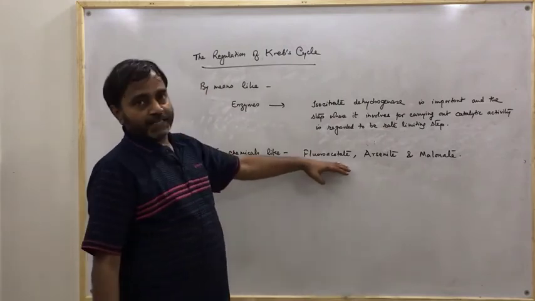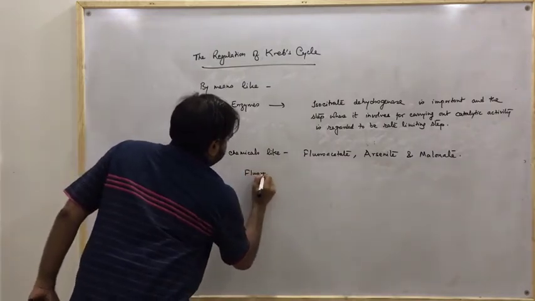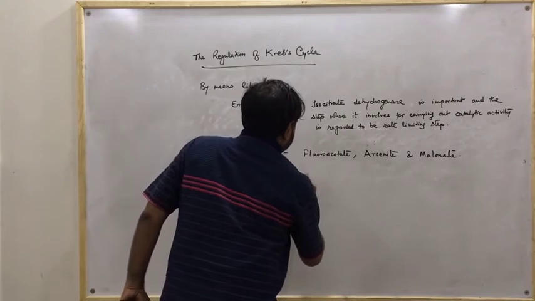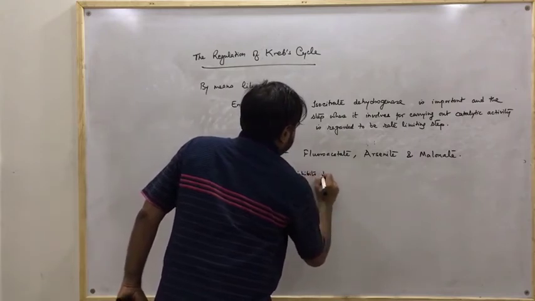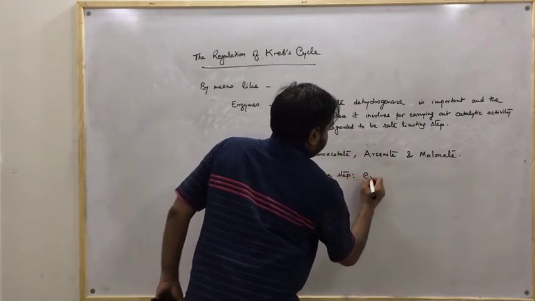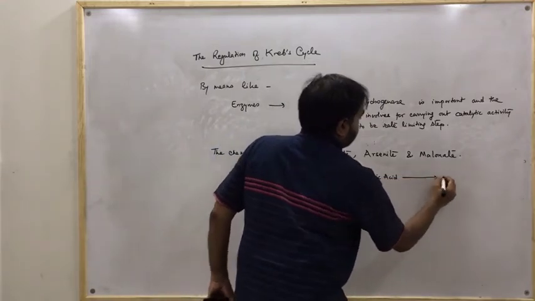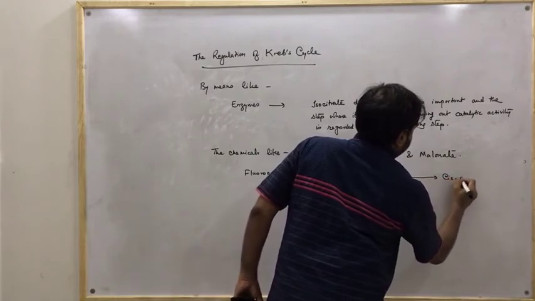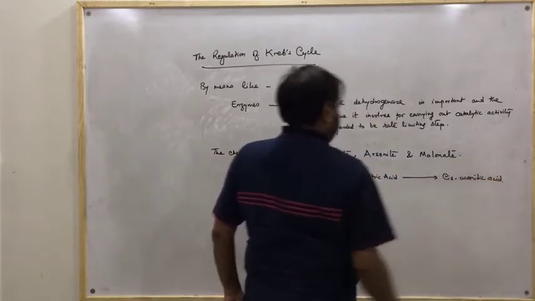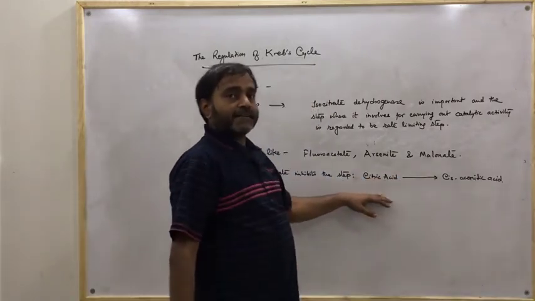Suppose fluoroacetate is there, which step may it inhibit? Fluoroacetate inhibits the step in which cis-aconitic acid is formed from citric acid.